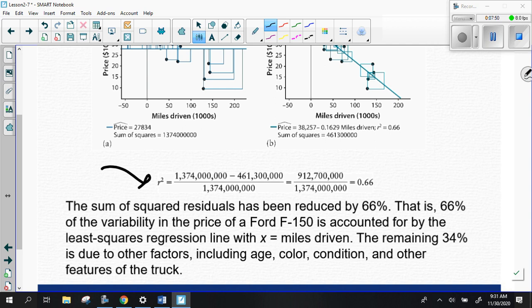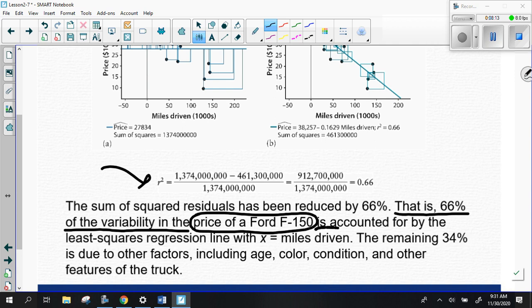That is, you would say the percentage of variation or variability in, and look, this is our response variable, is accounted for by the least squares regression line. This is exactly the way that we would want to say it.